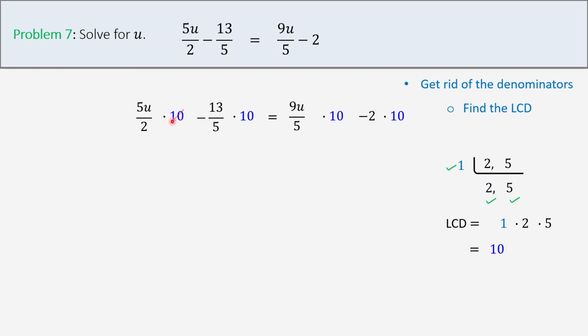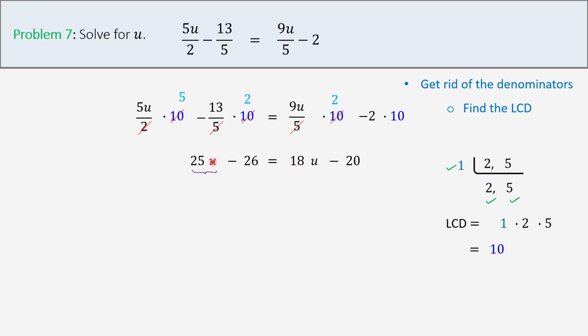Now divide. 10 divided by 2 is 5. 10 divided by 5 is 2. 10 divided by 5 is 2. Now 5u times 5 is 25u minus 13 times 2 is 26 is equal to 9u times 2 is 18u minus 2 times 10 is 20.